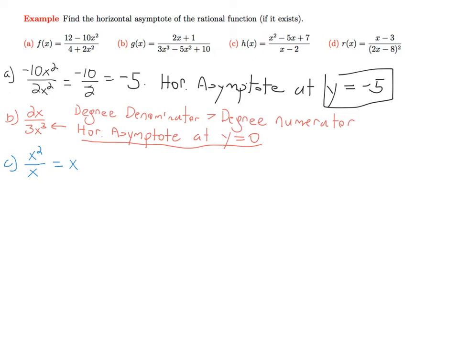And so when the degree of the numerator is larger than the degree of the denominator, as in this case, this means we have no horizontal asymptote.